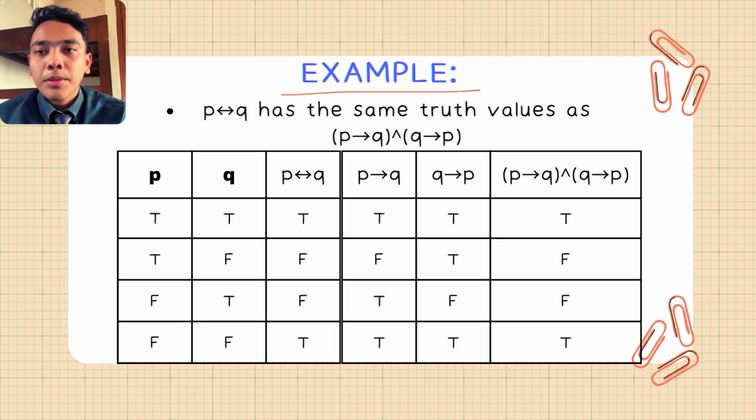Finally, P implies Q and Q implies P becomes true, false, false, true. This shows that P if and only if Q has the same truth value as P implies Q and Q implies P.